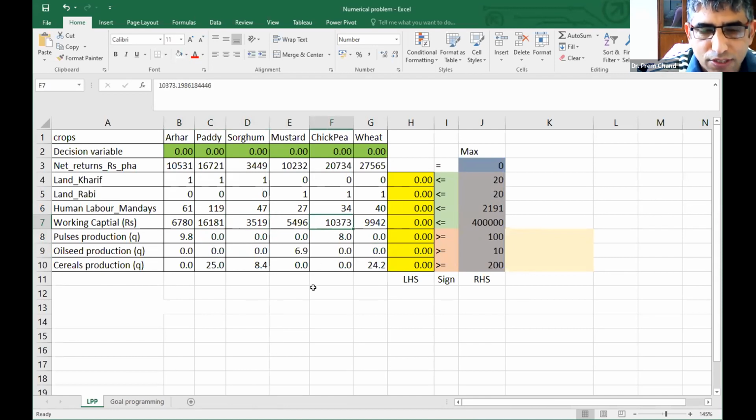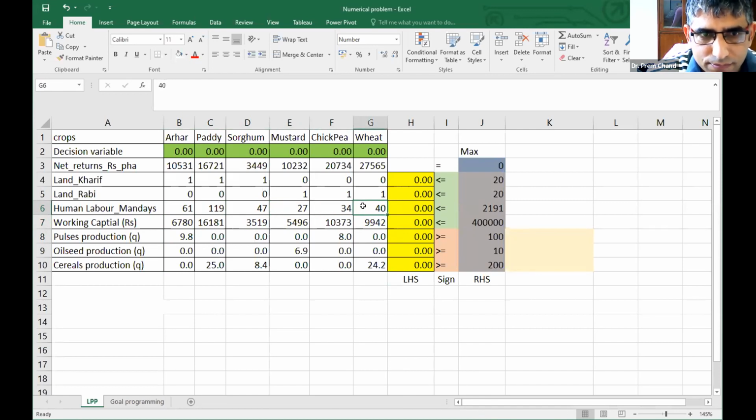For chickpea, it is 10,000 something. And for wheat, it is around 15,000. Okay. I have entered capital, yield, and the human labor requirement, which I just brought from my table.